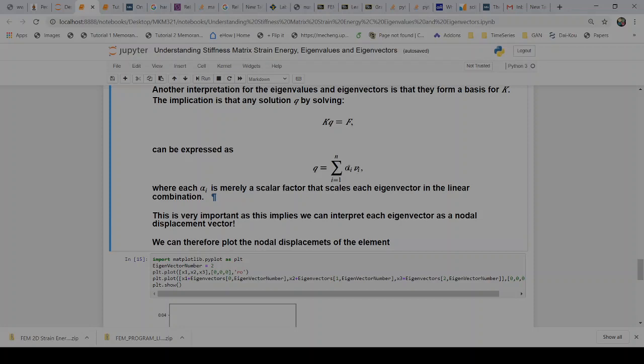Because if I take a linear combination of them, each one multiplied by some scaling factor alpha, I just need to figure out what those alphas are. I could express any solution that I generate from this K as a linear combination of the eigenvectors. Stunning. And that means we're really in a position that we can interpret these eigenvectors quite well. They are now nodal displacements.